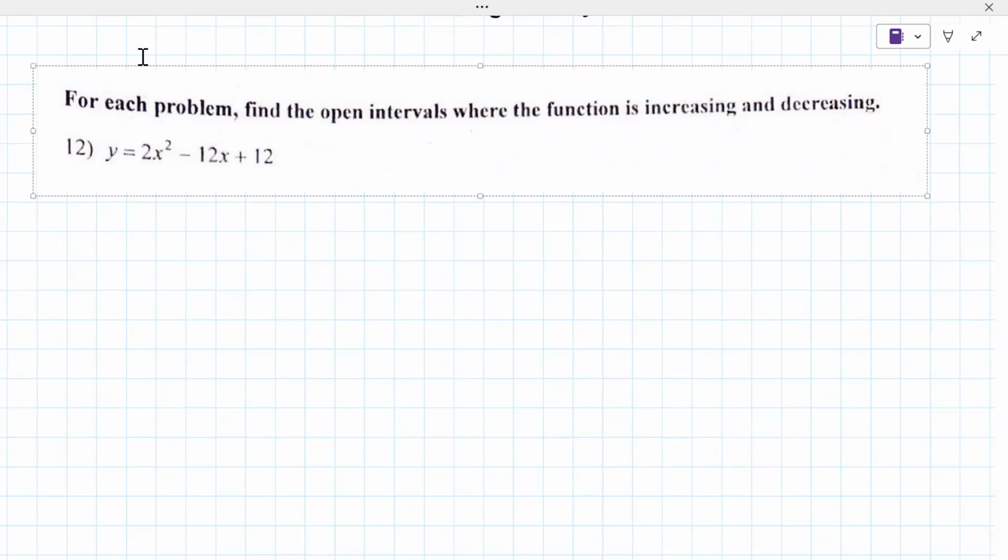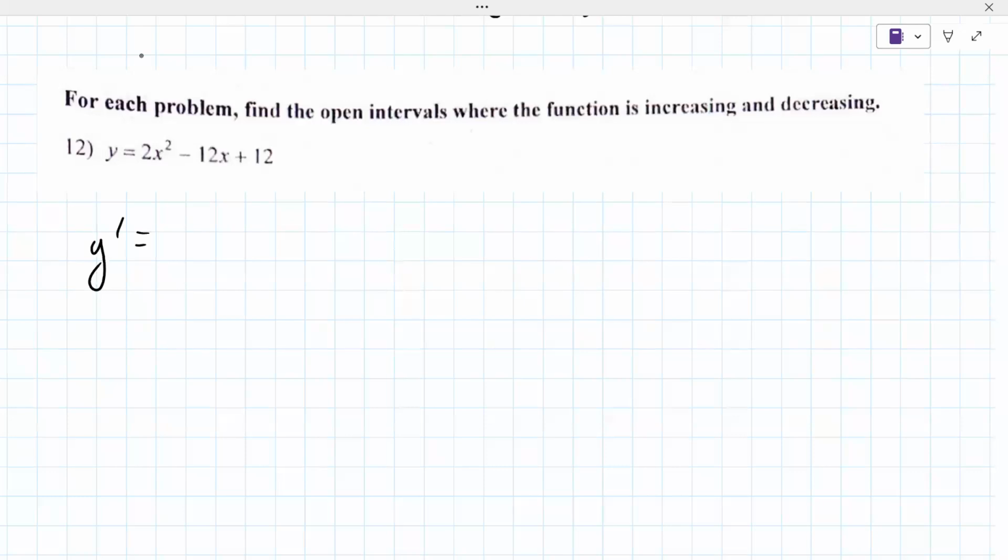Okay. Number 12, find the open interval where the function is increasing and decreasing. Encoded in this is to take the derivative. Could you take the derivative for us, please? Yeah. It would be 4x minus 12. Good. You set that equal to 0 and you solve for x and you get x equals 3.